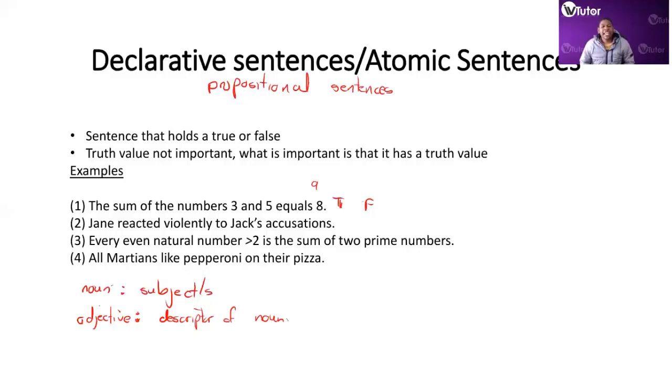For Jane, reacting violently to Jake's accusation. For the even natural number, describing it as the sum of two prime numbers. Or Martians, who like pepperoni on their pizza. So we've got a subject and a description of the subject. This is the generic form of all declarative sentences.